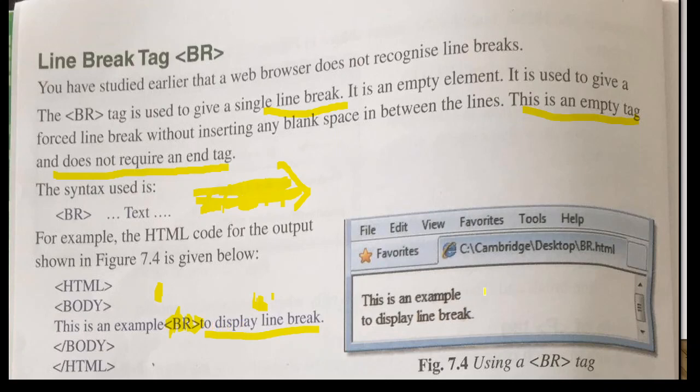As you can see in the output, it breaks the line to the second line. It moves the text to the next line of the body of your website. So you can use the break tag to move your text to the next line of your document.